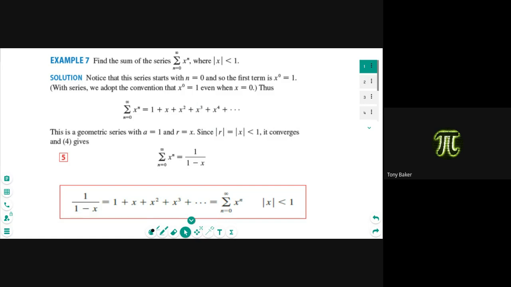So on Tuesday's class, we talked about power series, and we were looking at finding intervals of convergence and radiuses of convergence. We just had a general idea of what a power series was. A lot of them, at least the beginning ones, were based on the geometric series.